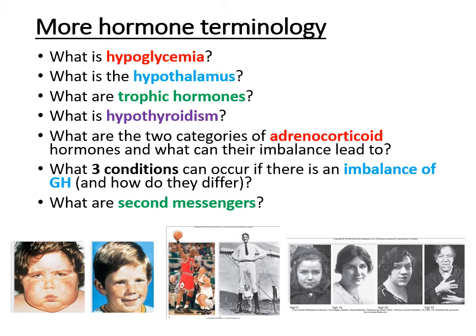Then I wrote the hypothalamus, which is what will secrete a hormone releasing factor that basically stimulates the release of various hormones from endocrine glands, because it releases first trophic hormones, which are the hormones that act on a specific endocrine gland to trigger the release of hormones from those particular endocrine glands. So basically you can see that it's a pathway of signals to each other leading to hormones being produced.